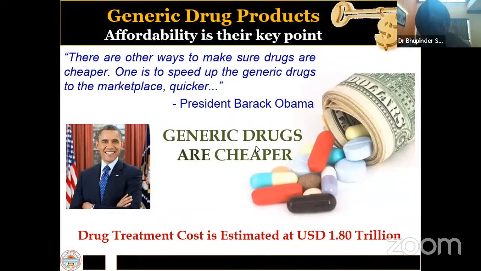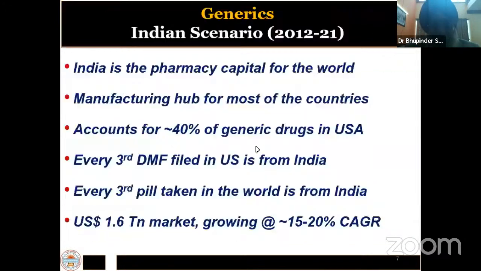A lot of emphasis has been put across the world on this switchover from the branded product to the generic product, primarily to reduce the healthcare cost. And President Barack Obama, the former US president, was very vehemently persuasive to switch over to generic products to reduce the healthcare cost in the US and across the world as well.